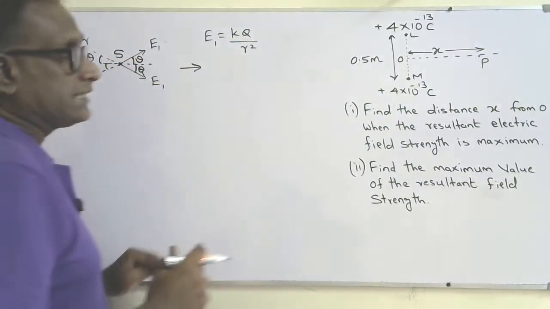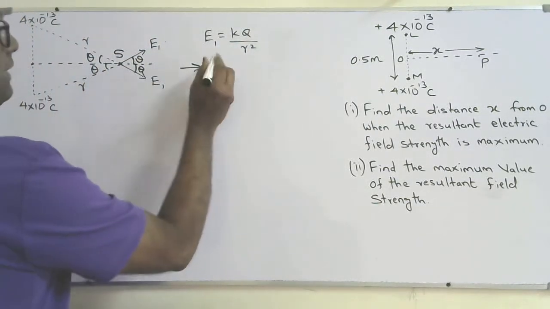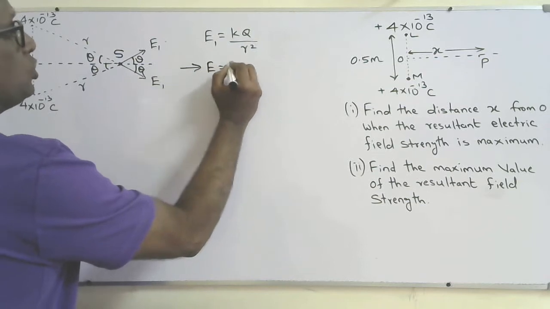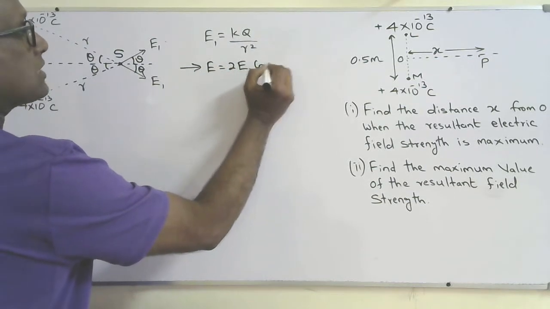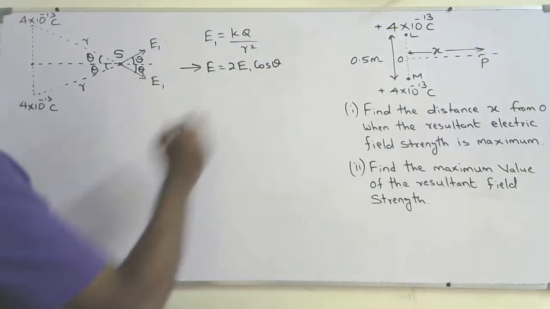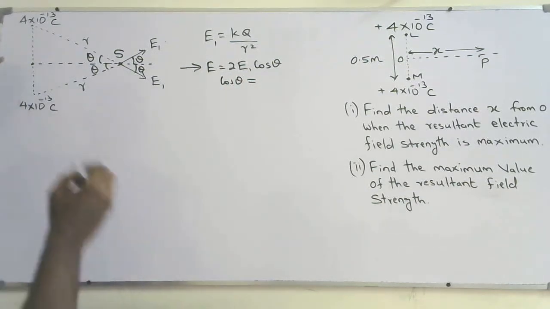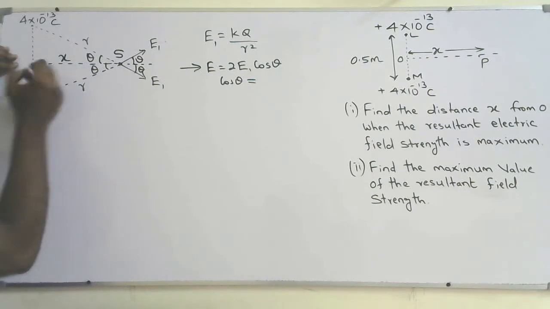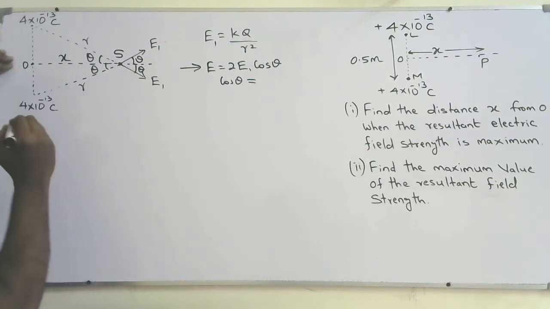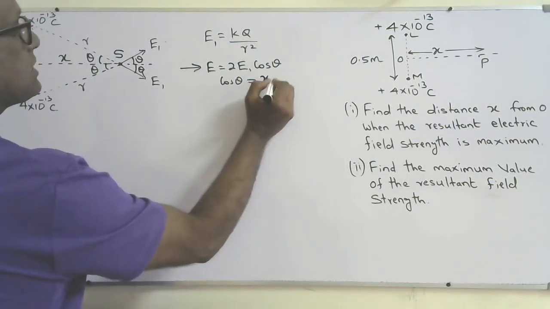That will be E equals E1 cos theta, where this distance from O I'll call x. So cos theta will be x over R.